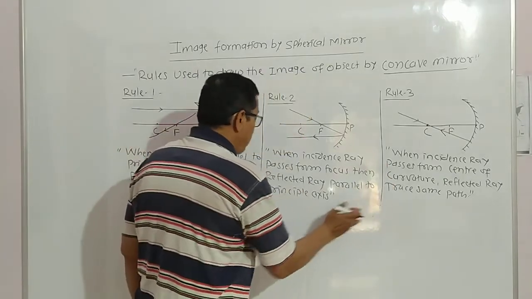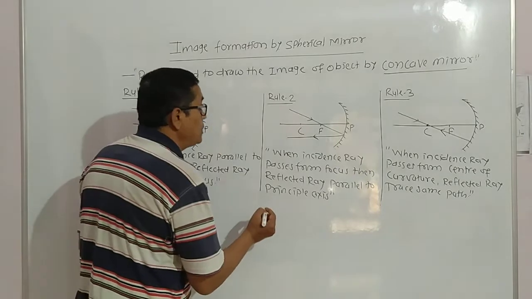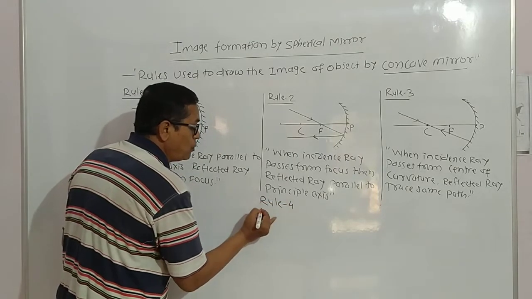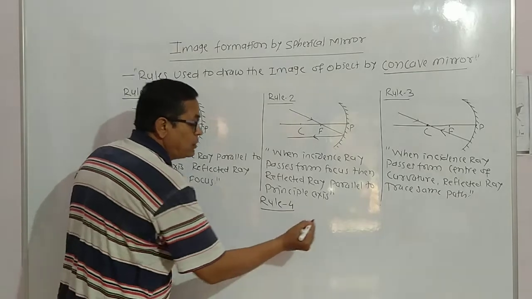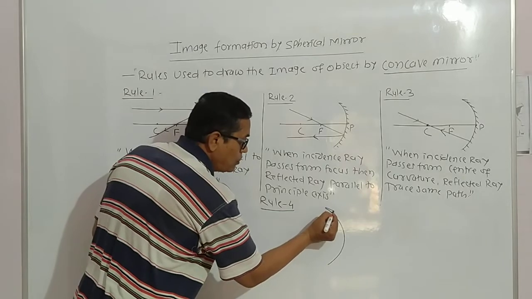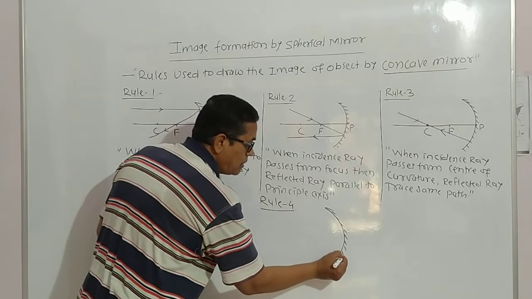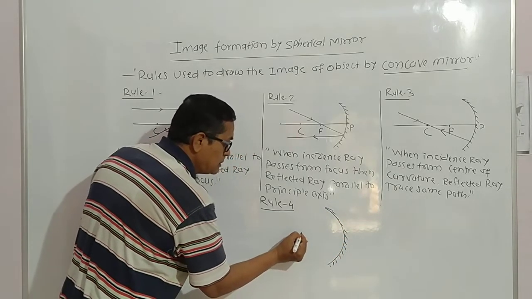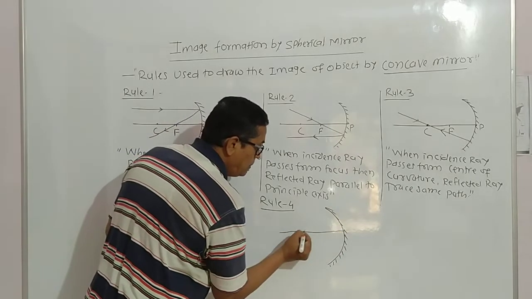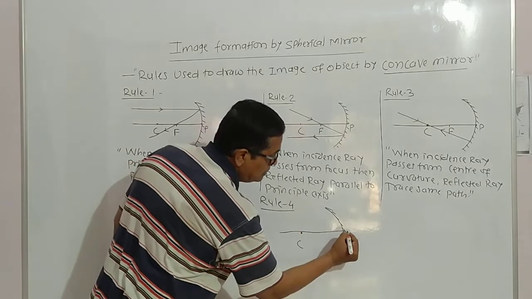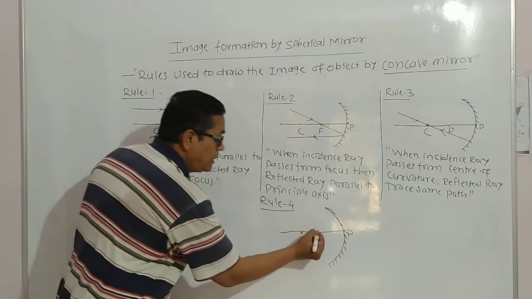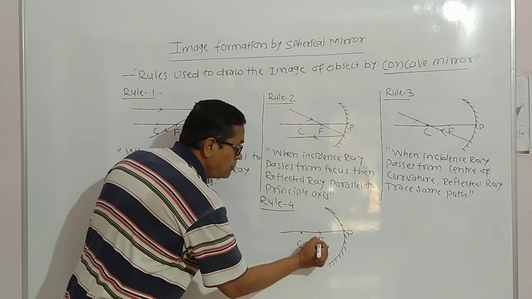Then what is rule number 4? It is a very important rule. Rule number 4. Here we draw this diagram. Concave mirror. Here the center of curvature, and here the principal axis, here the pole of the mirror and here the focus of the mirror.